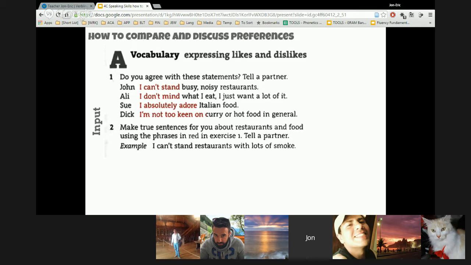What do you absolutely adore? I adore Mexican food. I adore seafood. I adore buffet style, for example. But I don't adore Italian food. Too much pasta.